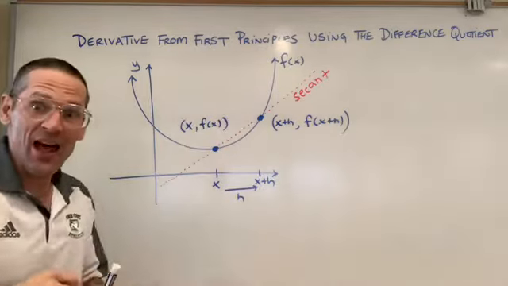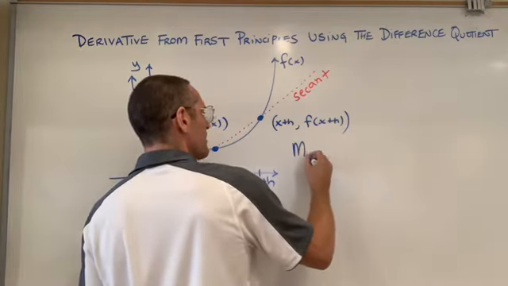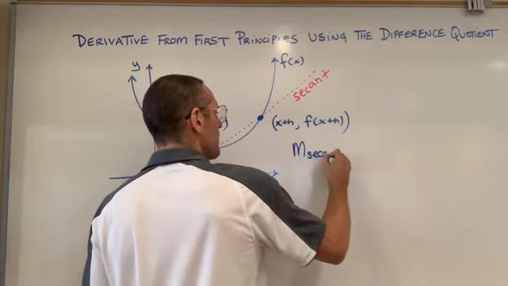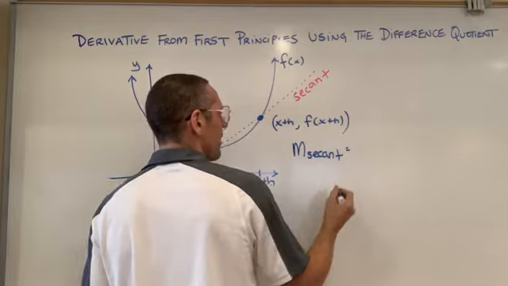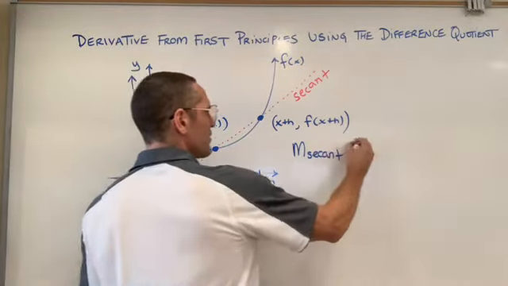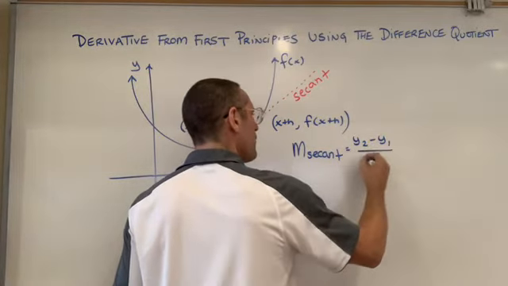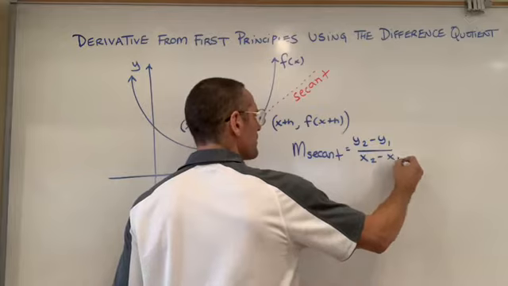And that particular secant line has a slope. So I'm going to say the slope of the secant. Well, we know slopes are change in y over change in x. So that's usually in algebra, you learn it's y2 minus y1 over x2 minus x1.